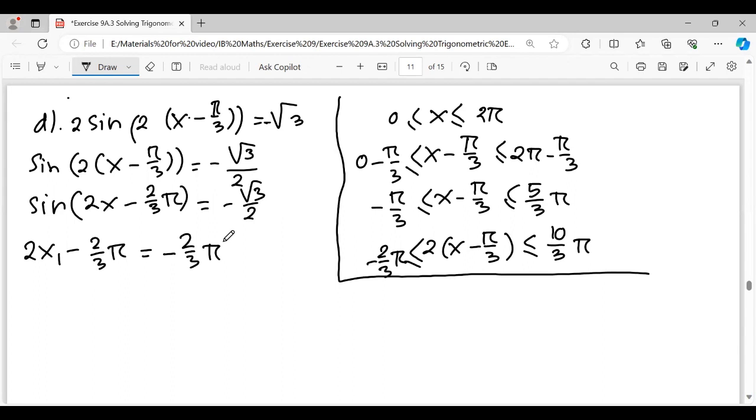If you look on the circle diagram, and then the interval from negative 2 third pi to 10 third. So it becomes 2x1 equals negative 2 third plus 2 third pi. It's going to be 0. So x1 equals 0.